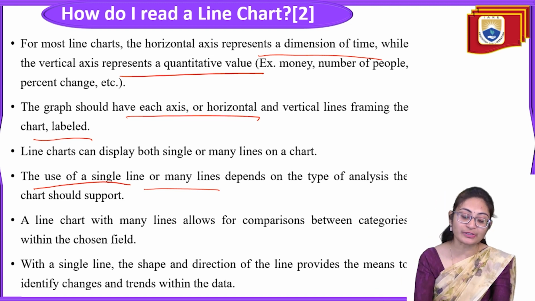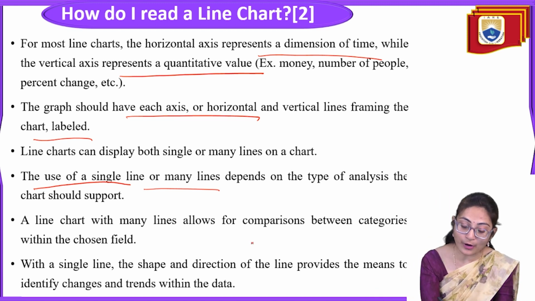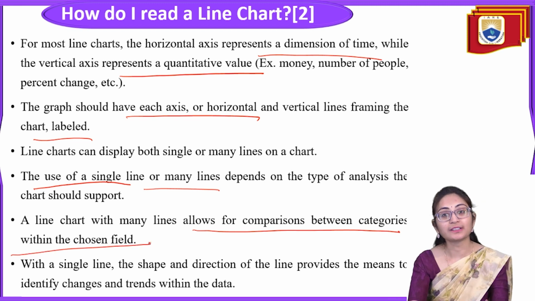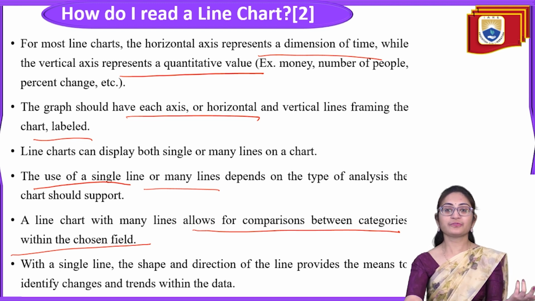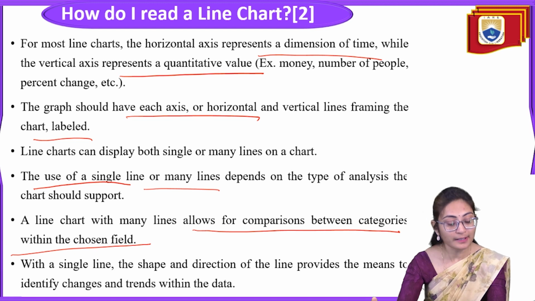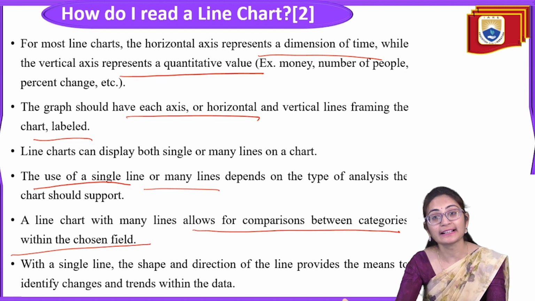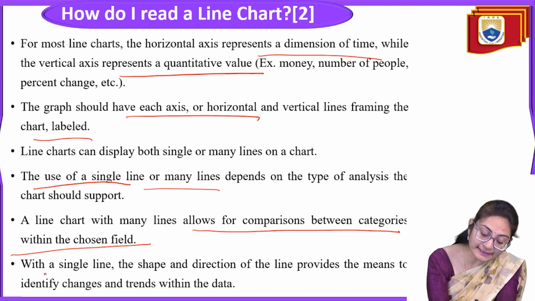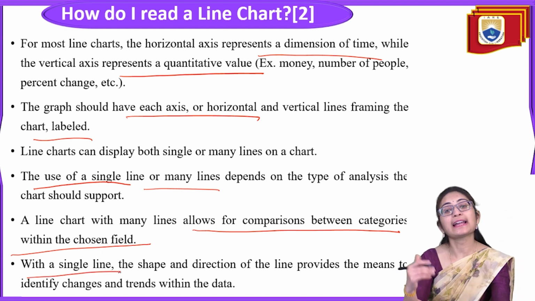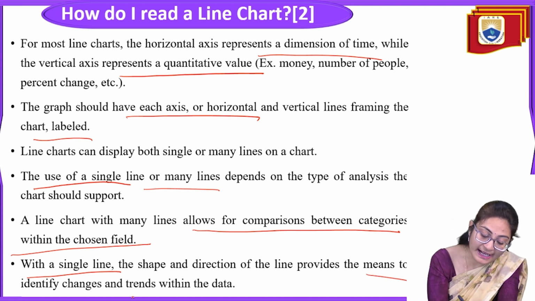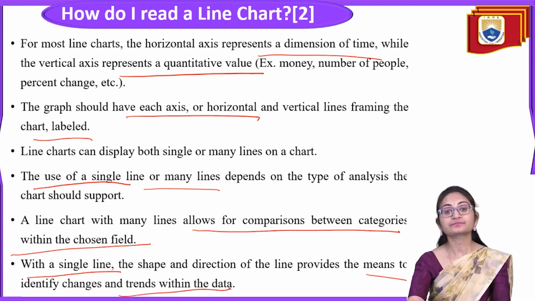A line chart with many lines allows for comparisons between the categories within the chosen field. This comparison is possible only when we are using different categories. And with a single line, the shape and direction of the line provide the means to identify the changes and trends within the data.